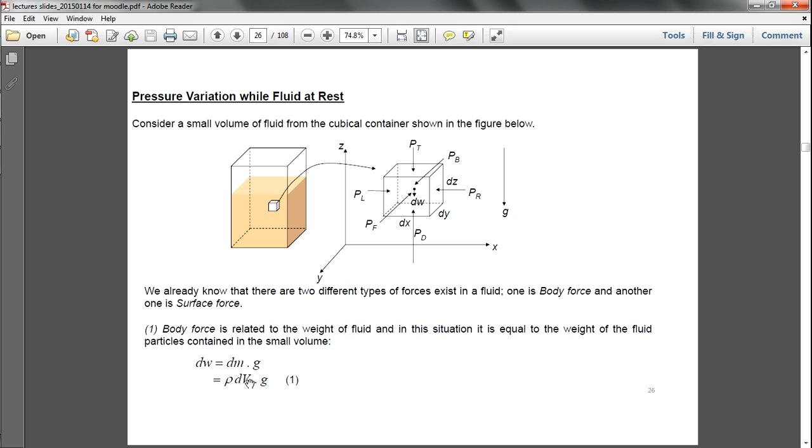If you remember, the density equals mass over volume. So you just sub it in, it's pretty easy. A change of the volume will cause a change in the weight. This is what it means for the body force. I hope you can understand.